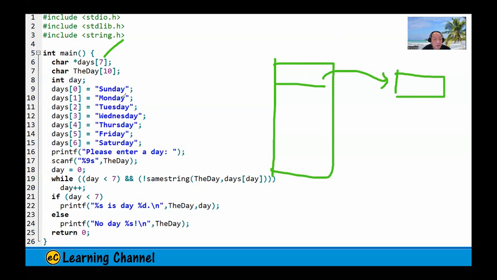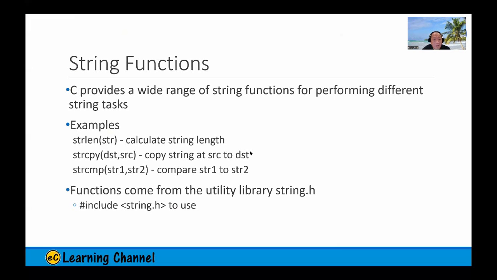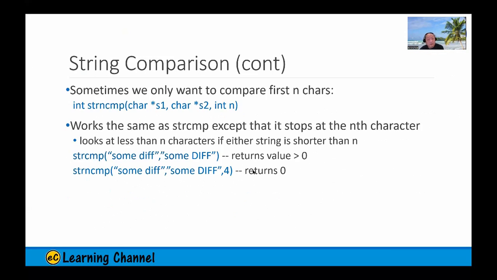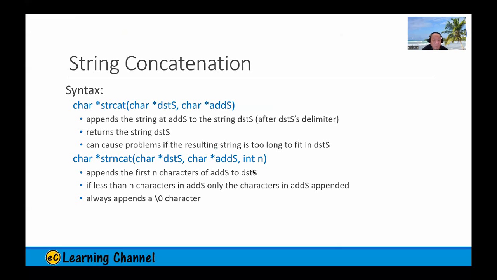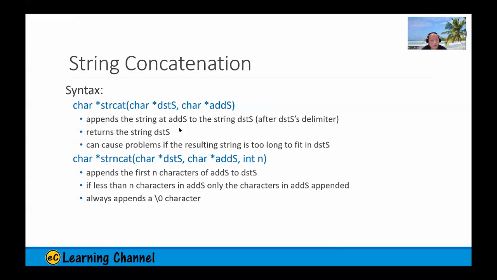So day 0 is Sunday, something like that, okay? This is an array of strings. Okay, so string copy, we already talked about it. Comparison, we talked about it already, okay? Concatenation is to connect 2 strings together, from your source to destination. Add it to it.